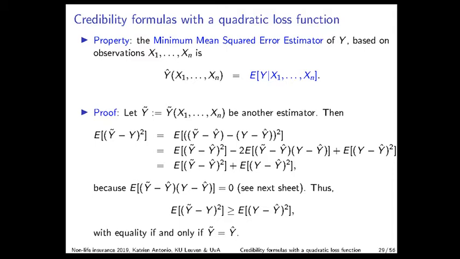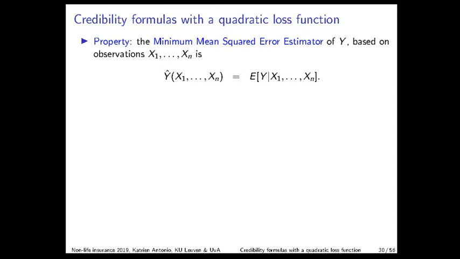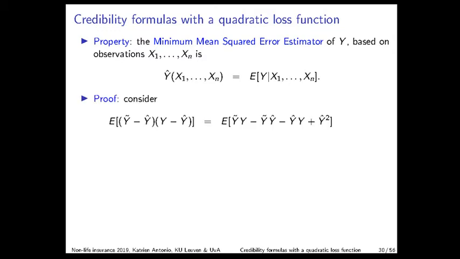So the last step to focus on is the expression for the expected value of the following product of differences, namely the difference between y tilde and y hat on the one hand and y minus y hat on the other hand. Working out this expression brings us the second equation that you see appearing now on the screen.